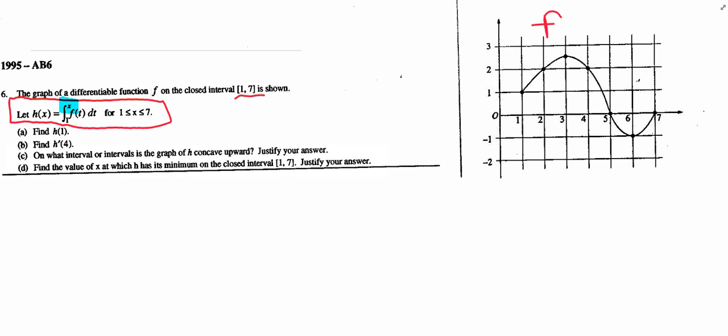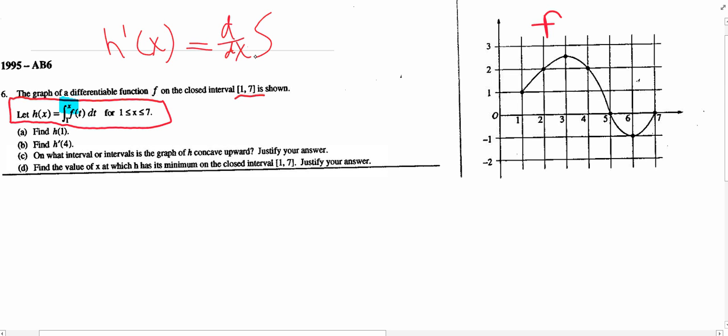So hopefully that'll key you in on the fact that you might be using the second fundamental theorem of calculus, which says that the derivative of h is just going to equal f of t dt if you take the derivative of the integral listed.